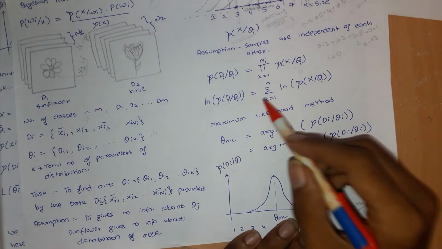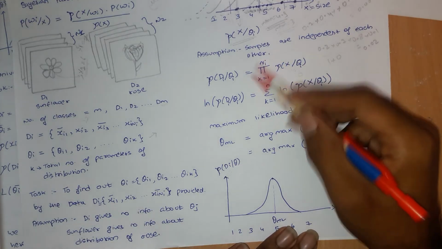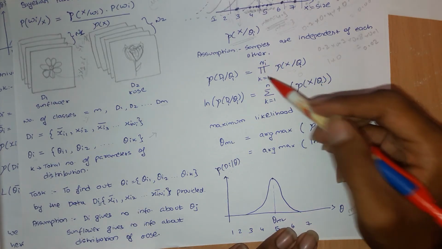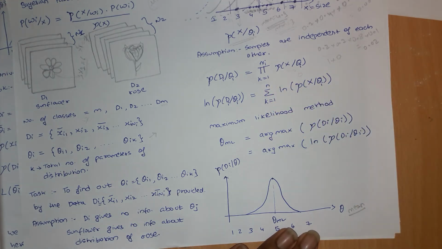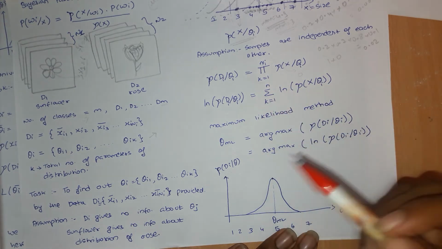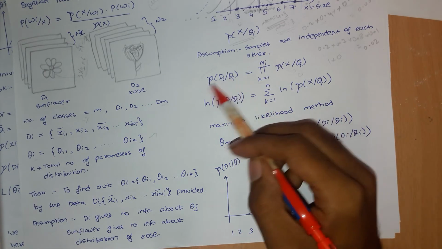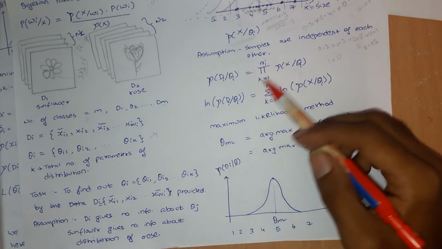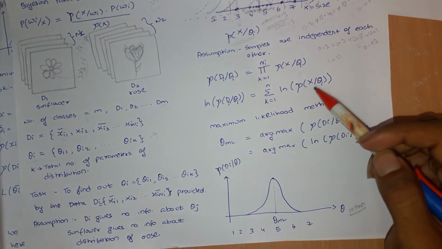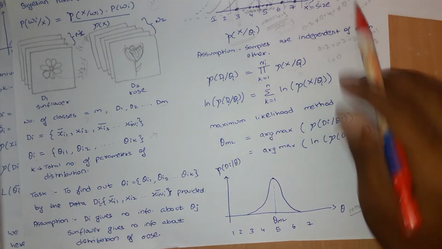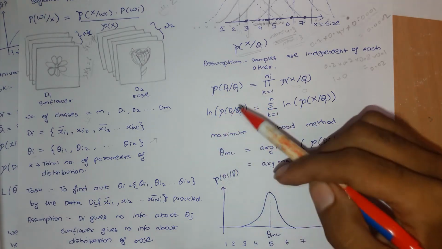The problem is with this multiplication, so if we could convert this multiplication into summation, then our things are done. For that, we can take the log. If I take the log of this probability, I can convert this product into a summation, and now even if a value is tending to 0, because of the sum, the whole function will not tend to 0.